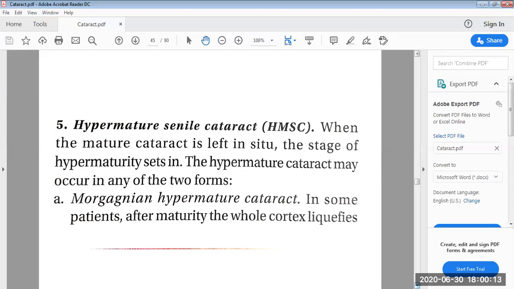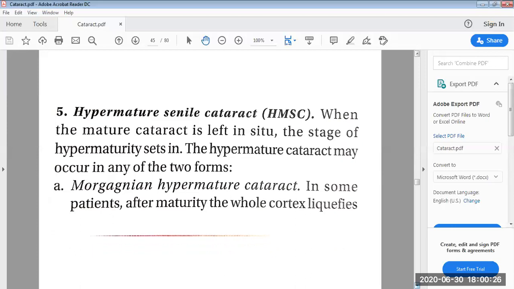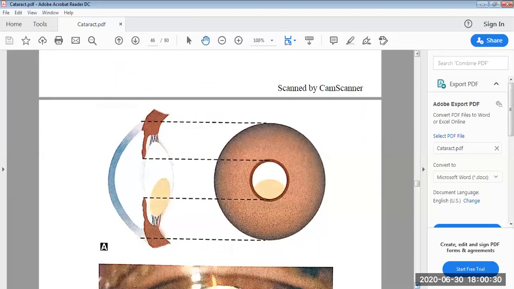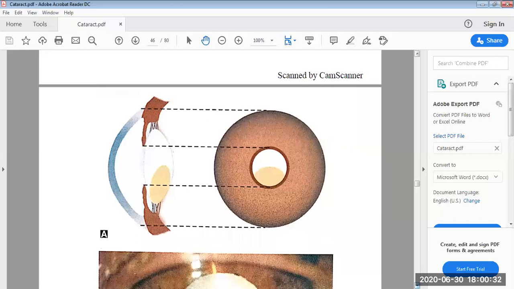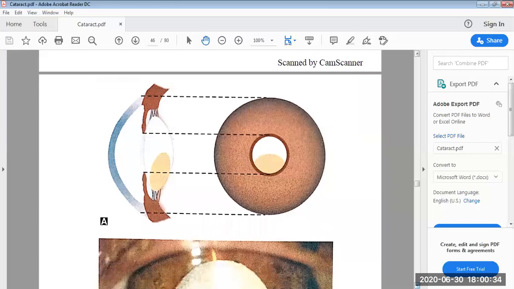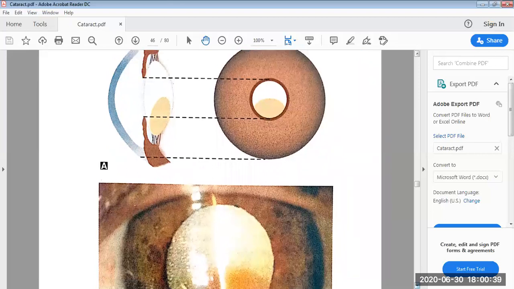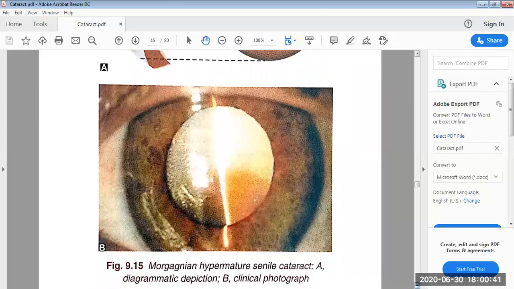The Morgagnian hypermature cataract and the second one is the sclerotic type hypermature cataract. The first type, the Morgagnian hypermature cataract. In some patients after maturity, the whole cortex liquefies. Here is an image of the Morgagnian hypermature senile cataract. Upper image is the diagrammatic representation, while the lower one is the clinical photograph.